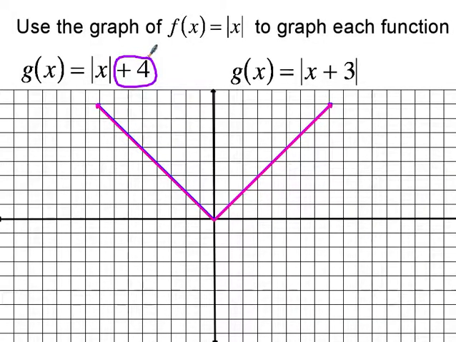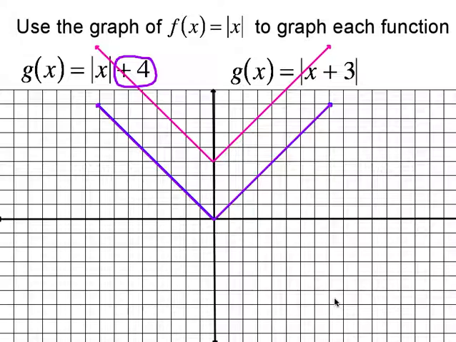This is on the outside of the absolute value. It's separate. So since it's separate from the x, it's a vertical translation. Now with a vertical translation, we do whatever we're told. It says plus 4. So what am I going to do with my graph? I'm going to go up 4. So there you go. That's what that graph looks like. That's all you do. So the pink is the final graph.